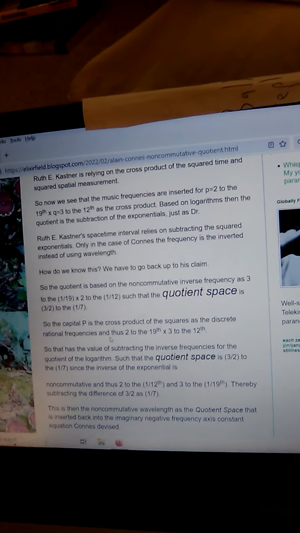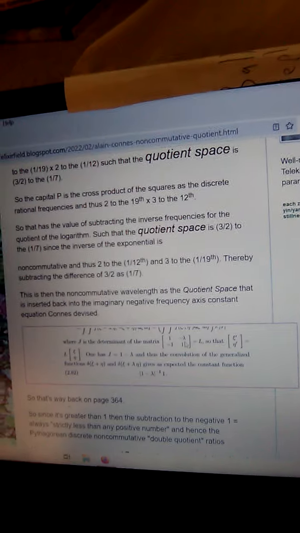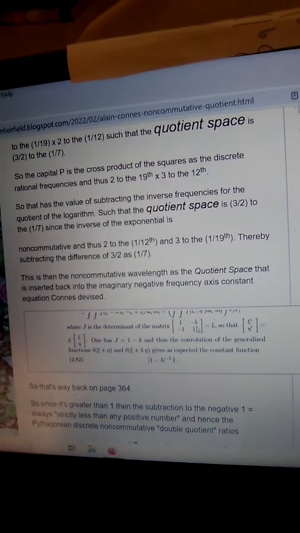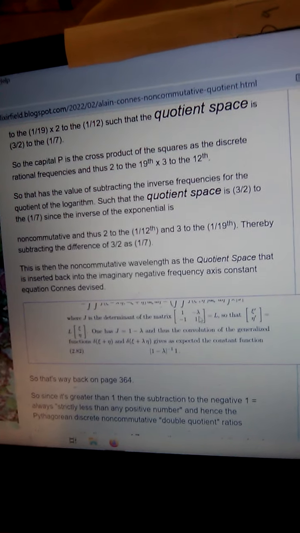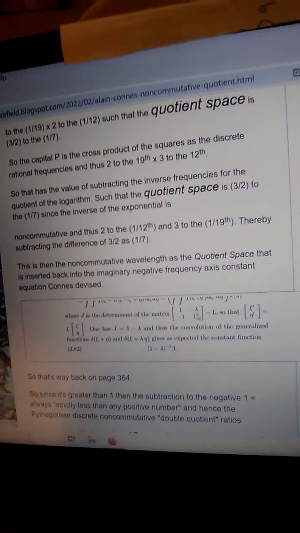And therefore, we then plug that back into his equation for a constant, his constant equation based on the inverse of the wavelength. So you have the wavelength to the -1, so it's an inverse wavelength.